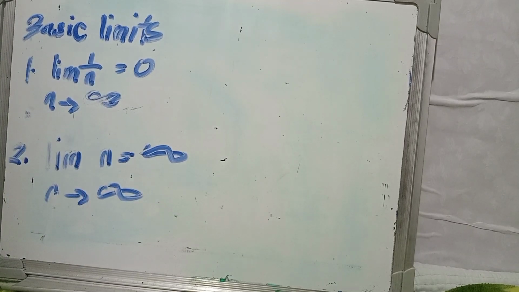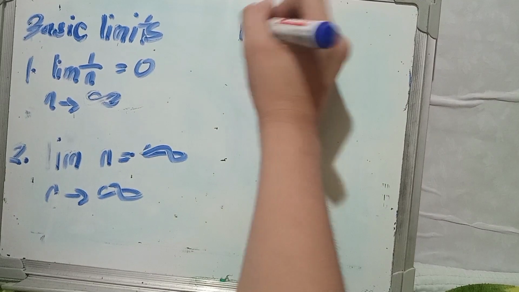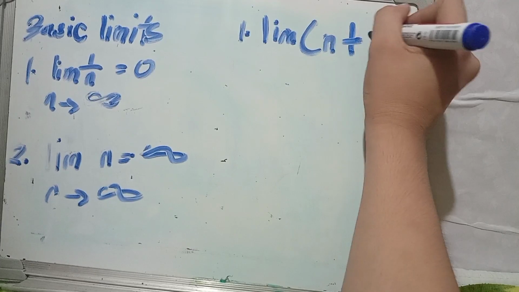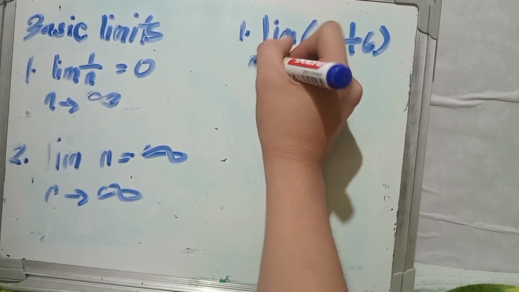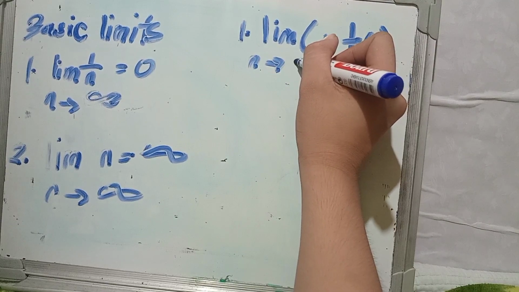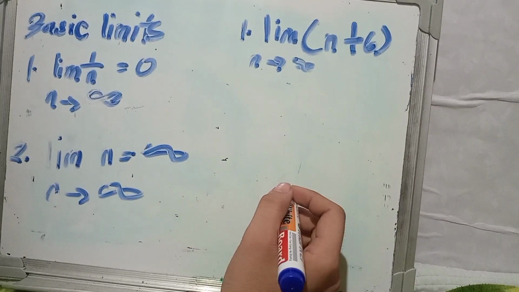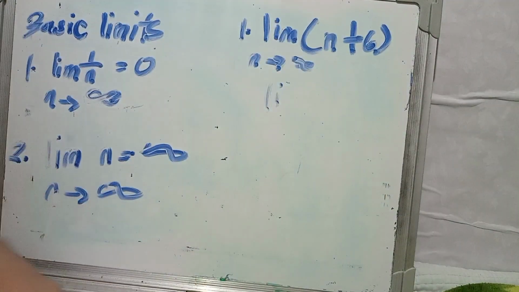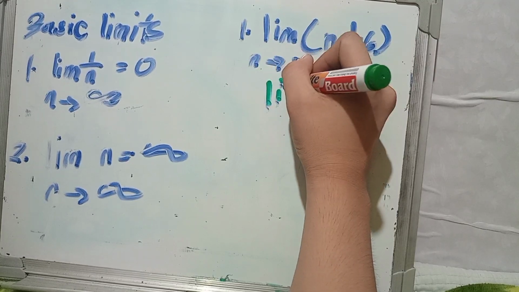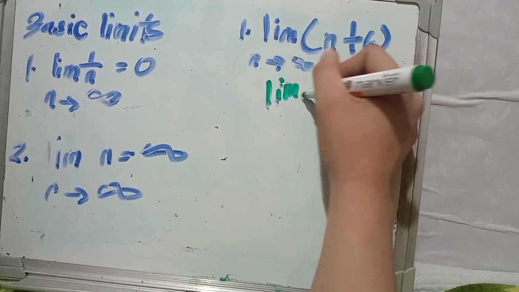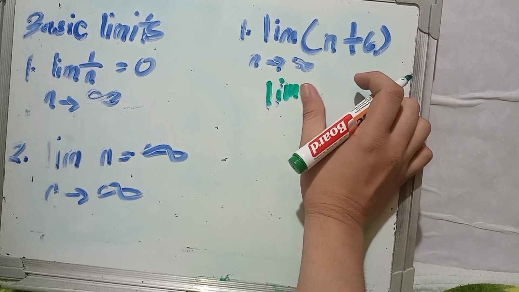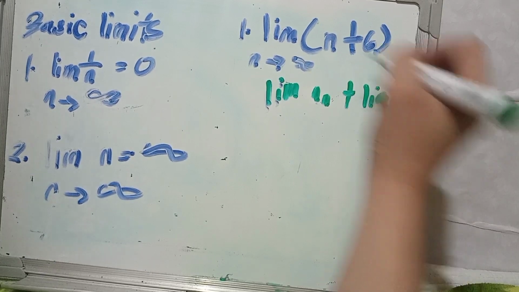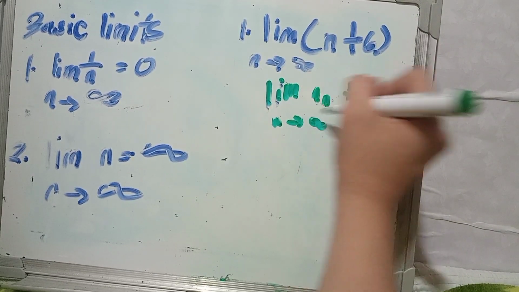So here we have an example. Example number one: the limit of the quantity n plus 6, where n is equal to infinity. So we're going to solve that like this: the limit of a sub n plus the limit of 6, where n is equal to infinity.